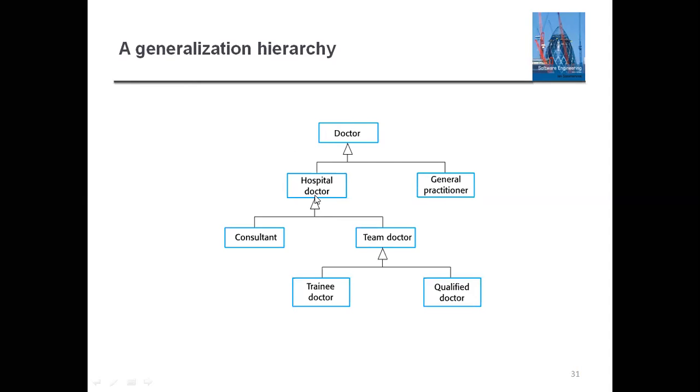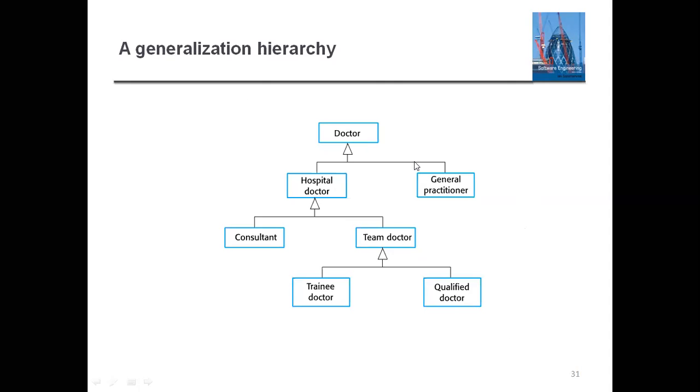Next, hospital doctor again has two types, consultant and team doctor, which both have the attributes and functions from the hospital doctor. The team doctor also has two types which inherit from the team doctor. Always give the arrow mark as an upward arrow. This is the hierarchy of generalization.